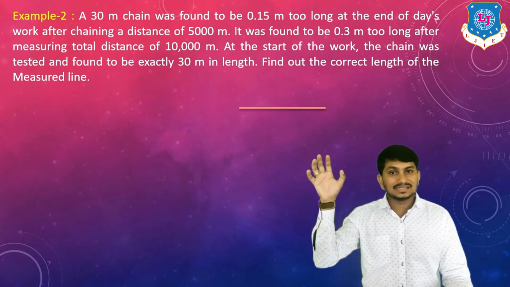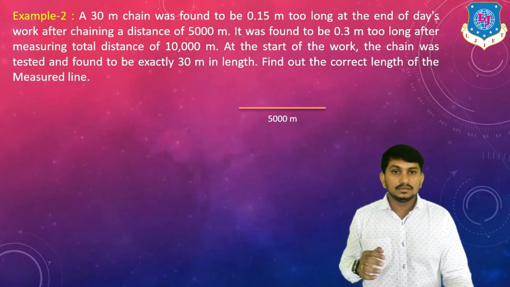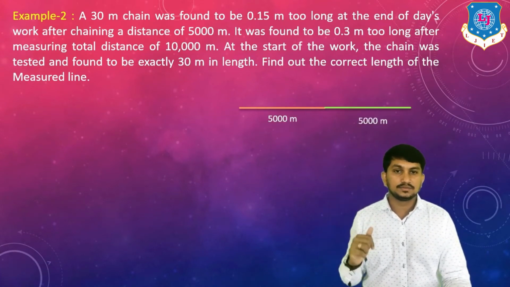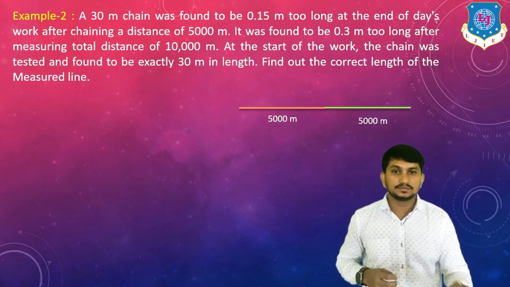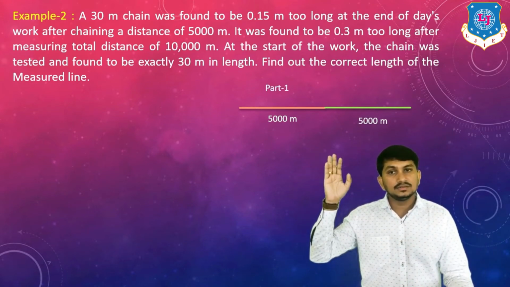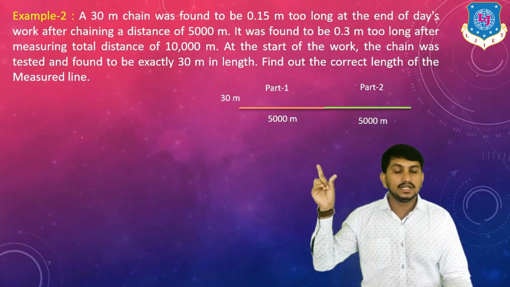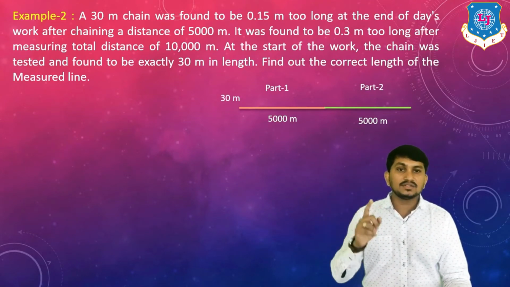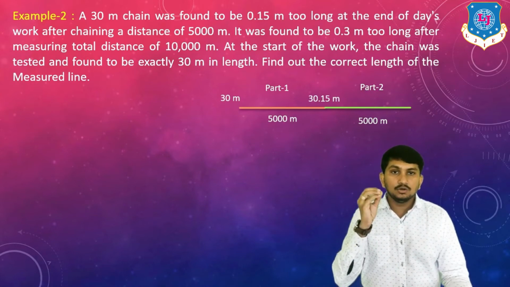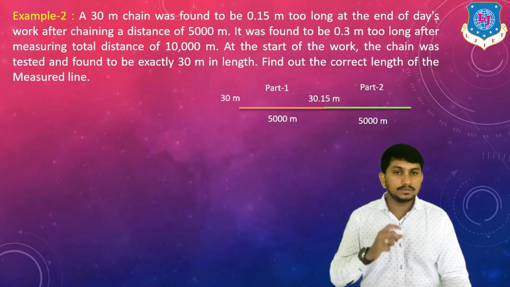We will understand this example by figure. This is the first 5000 meter, and the second one is 5000 meter also. The total distance is 10,000 meter. At the starting of the work, the chain was tested and it is 30 meter in length. After measuring 5000 meter, the chain is too long. How much? 0.15 meter too long.